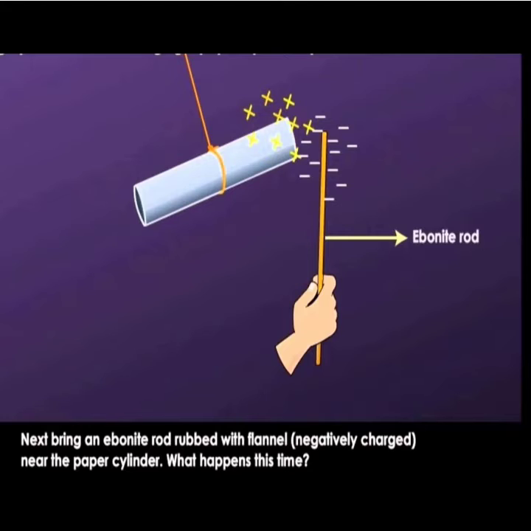When the cylinder is touched by the rod, some negative charges are transferred to the paper. Hence, the negative charges in the rod are repelled by the negative charges in the cylinder.